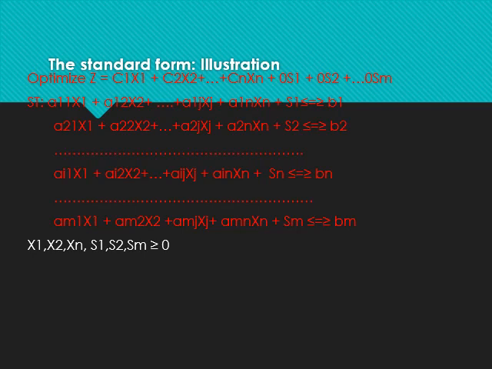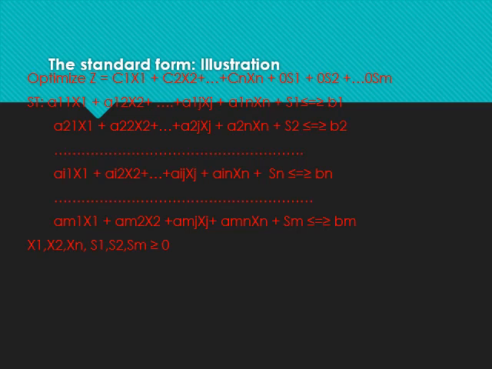Up to AM1. AM1 is the cost of producing 1 unit of x1 at the M machine, at the M stage. S1, S2, Sn, Sm are considered as slack variables.